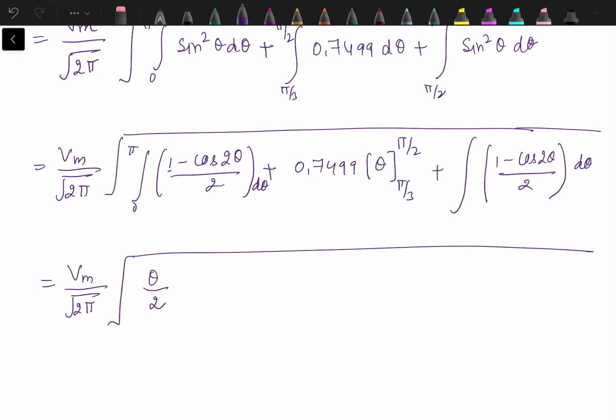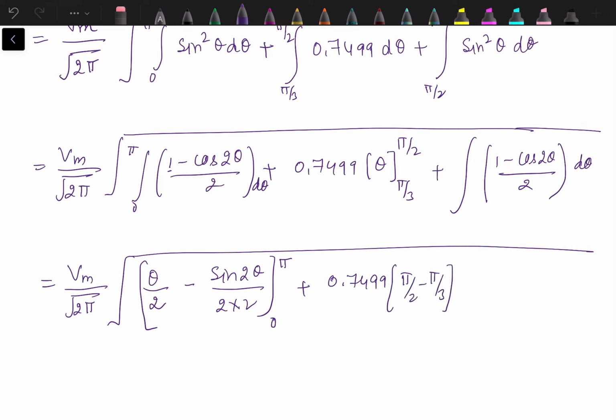Integration of cos of 2 theta is sine 2 theta by 2, 2 into 2, it's 4. Limits are from 0 to pi by 3. So this one is 0.4799 into pi by 2 minus pi by 3.